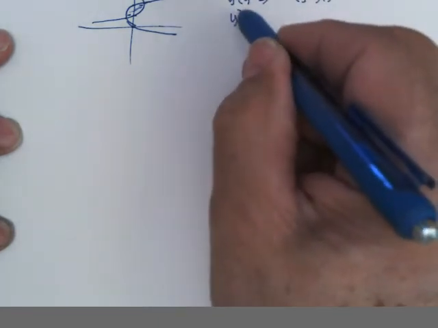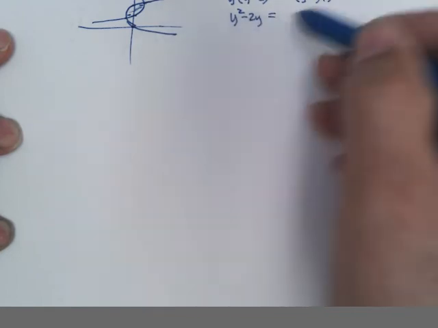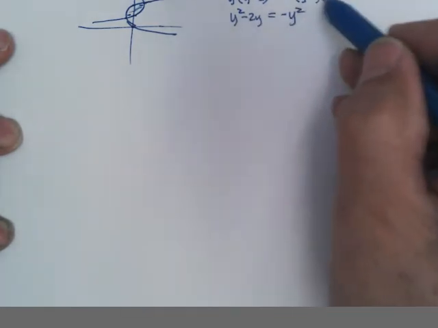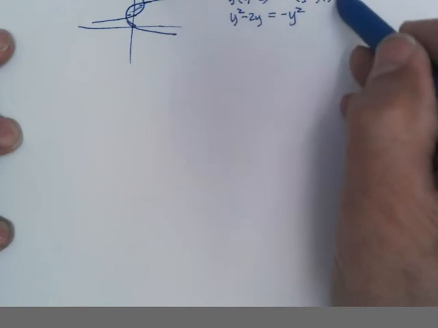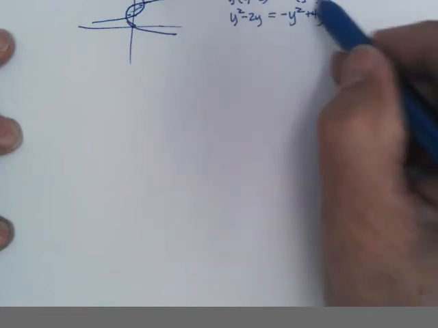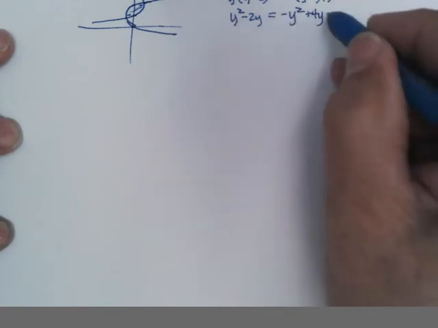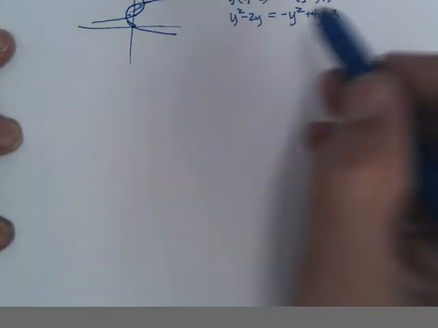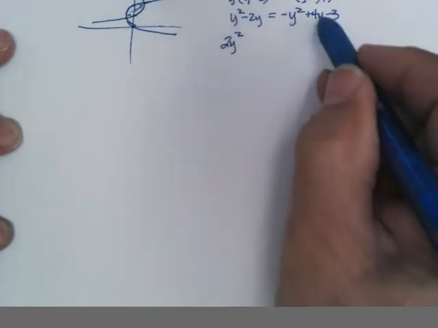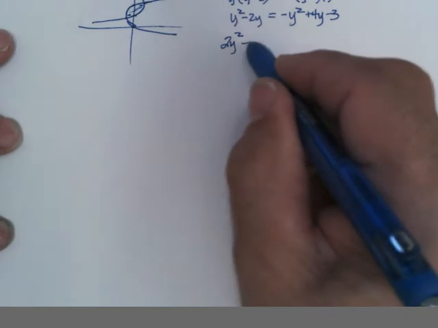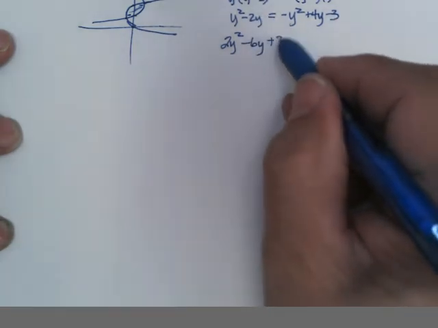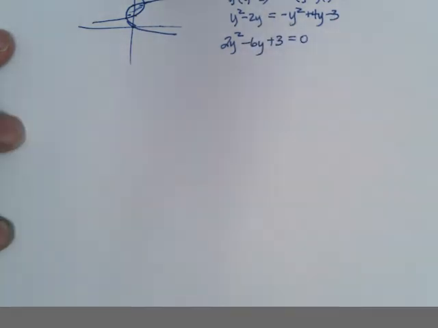This is y squared minus 2y equals negative y squared, the negative of minus 4y, which is plus 4y, and we get plus 3 times the negative, so it's negative 3. Add y squared to both sides, I get 2y squared. Subtract 4y from both sides, negative 6y. Add 3 to both sides, plus 3 equals 0.